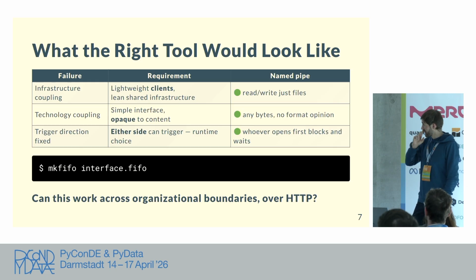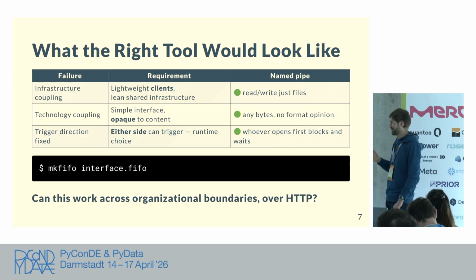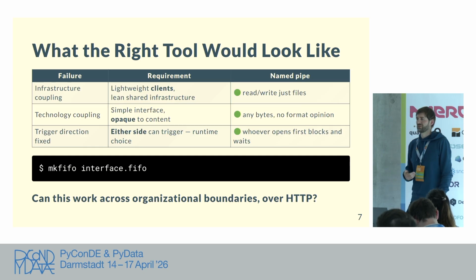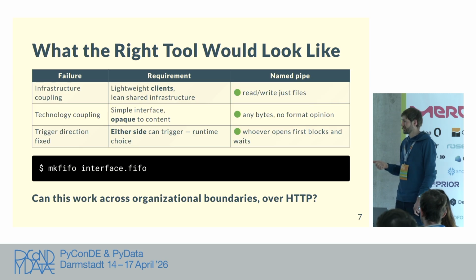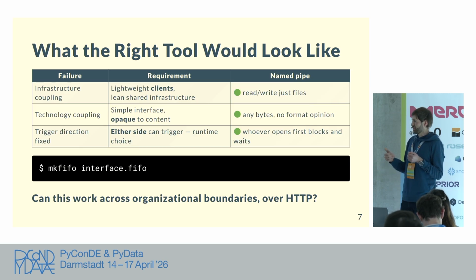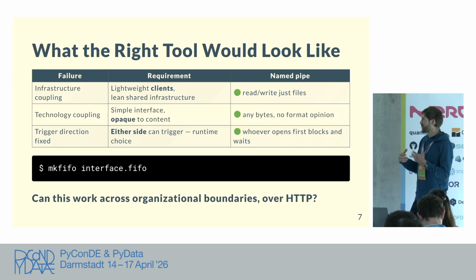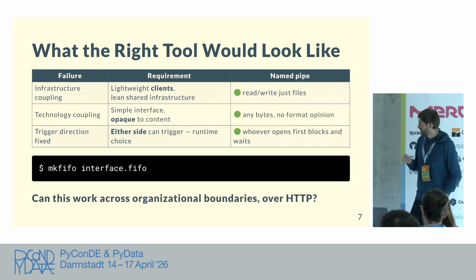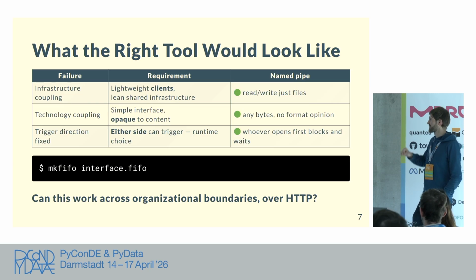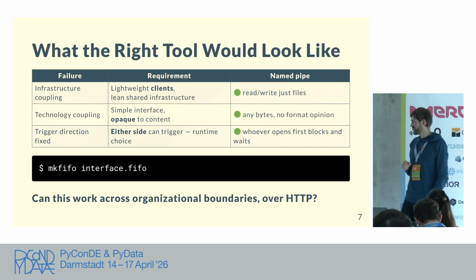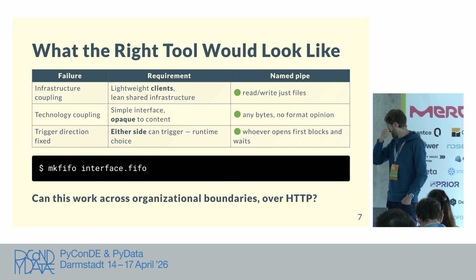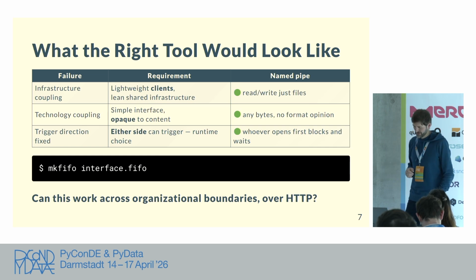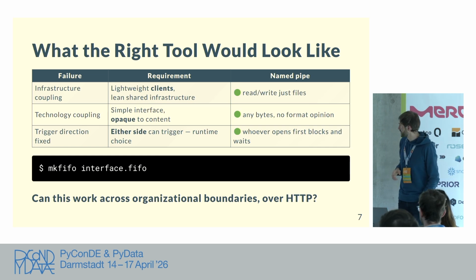And the trigger direction is dynamic in a way that either the consumer can connect first and wait for the producer, or the other way around. And you can actually wait for the other one and trigger something. But that's not obvious at the moment. So the real question is, can we make this model work across organizational boundaries? And in this case, I would say over HTTP, because there are really good reasons to use that protocol, as seen for S3.